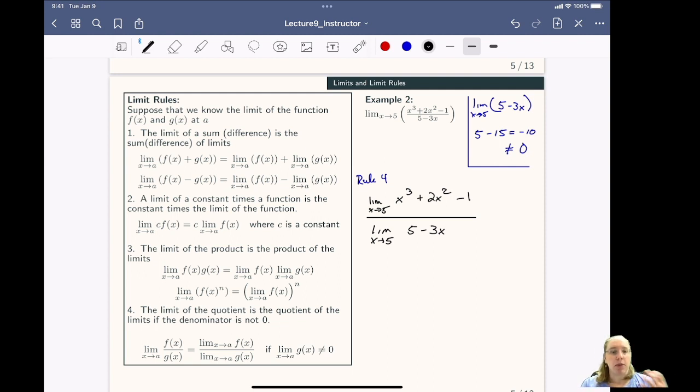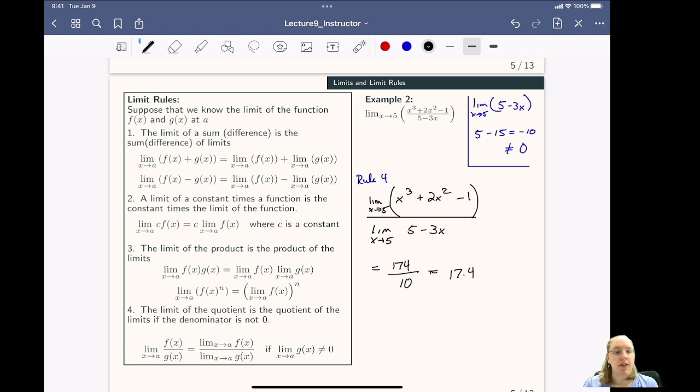You can either apply the limit rules that we used up above, where we split up the numerator and denominator on the sums and the subtractions, and then apply the products, etc., or we can simply just plug in the value of x equals 5. In this particular case, they come out to be the same thing, and if we just plug in the value of 5, we get 174 divided by 10, which is equal to 17.4.